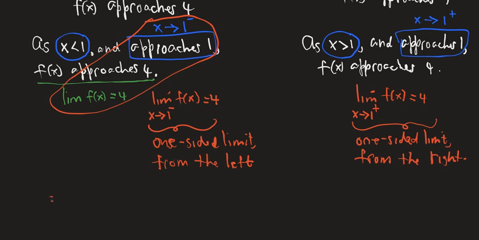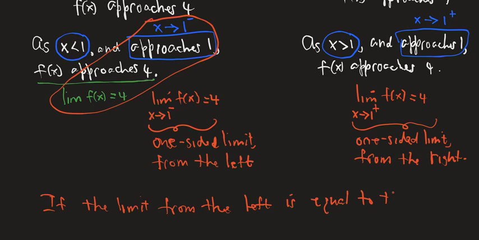So if the limit from the left is equal to the limit from the right, we say the two-sided limit exists, and this is how we write it.